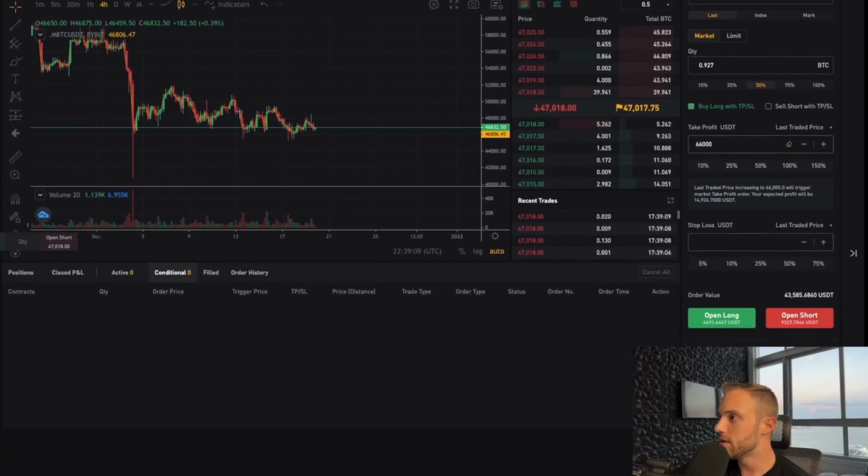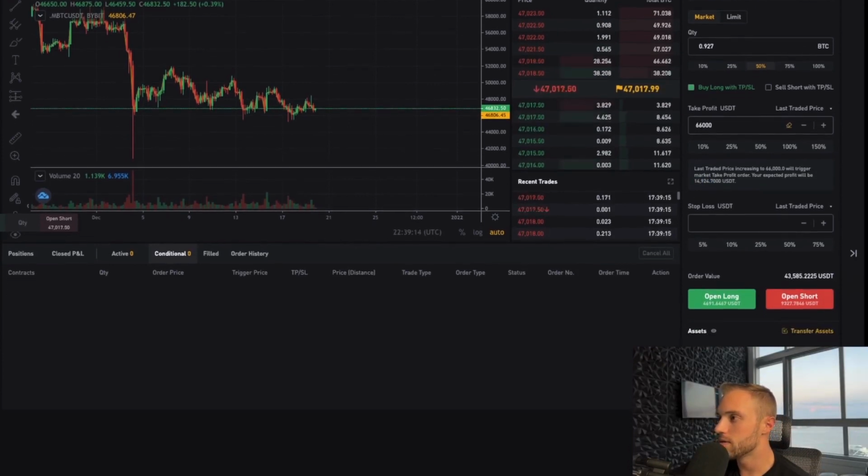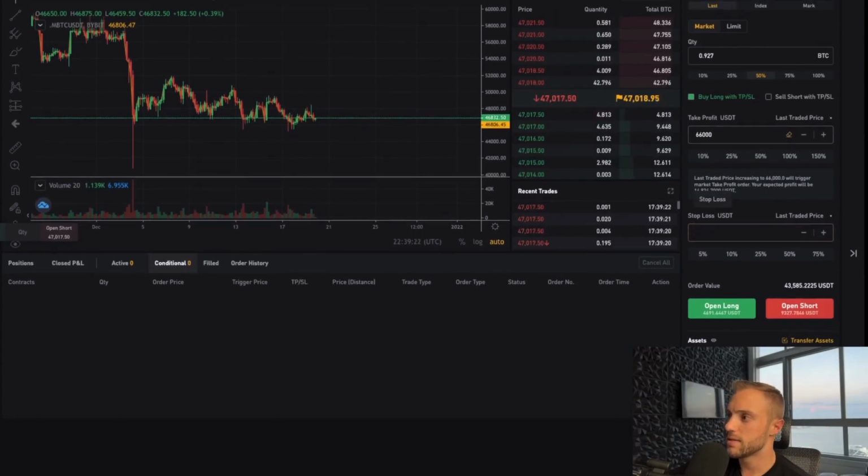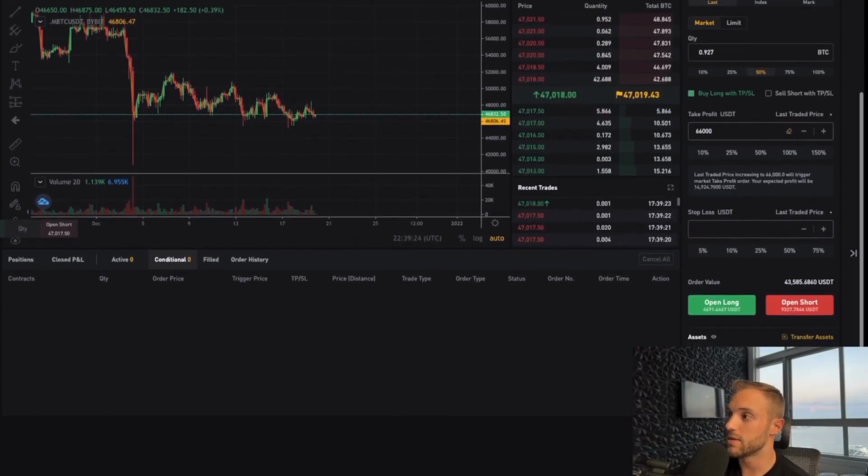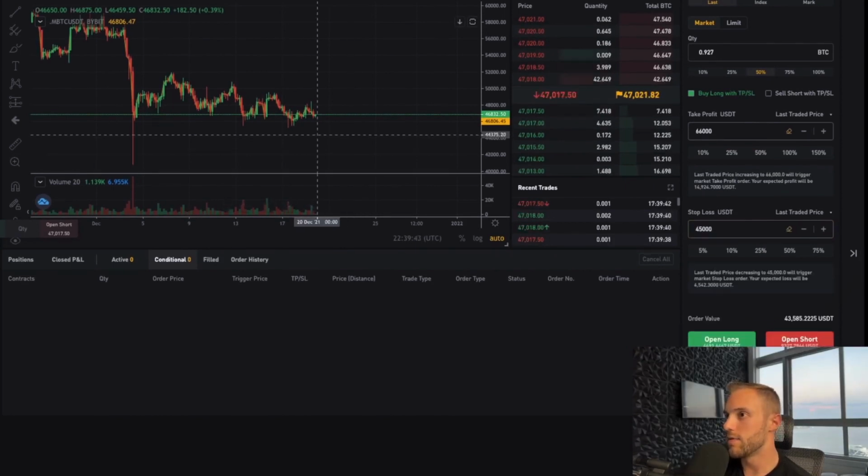Okay, so my profit would be $14,924, and I'm putting about, I think, 9K, or no, way less than that actually. That's a 10x, so a relatively small amount. Stop loss we'll put in at 45,000.